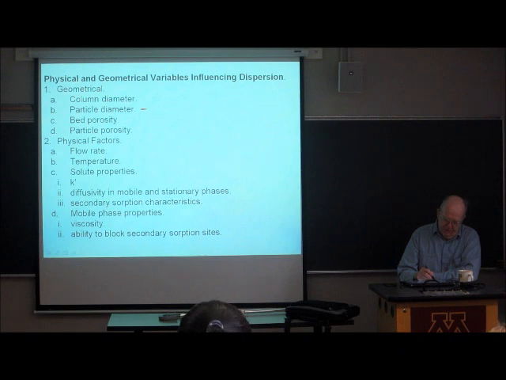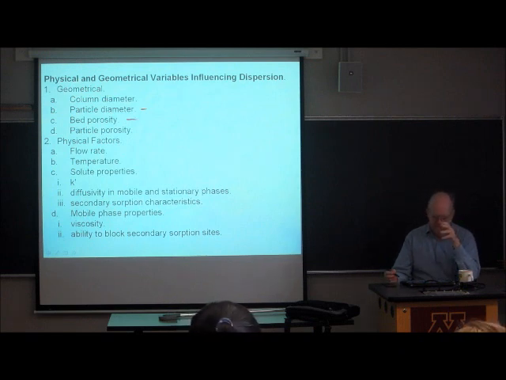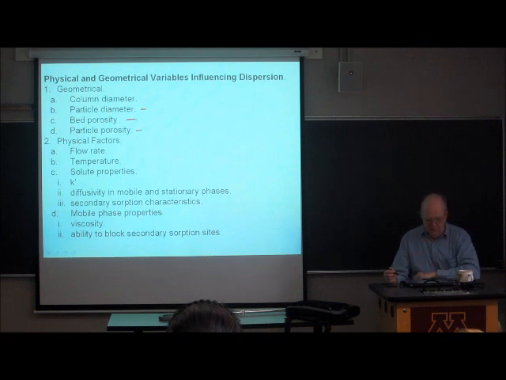The porosity of the bed as a whole, if it's a packed bed column, is important. And then the porosity of the particle, whether it's a fully porous particle or a non-fully porous particle, or if it's a non-porous particle, are all very different types of particles, and the band broadening will vary from type of particle to type of particle.